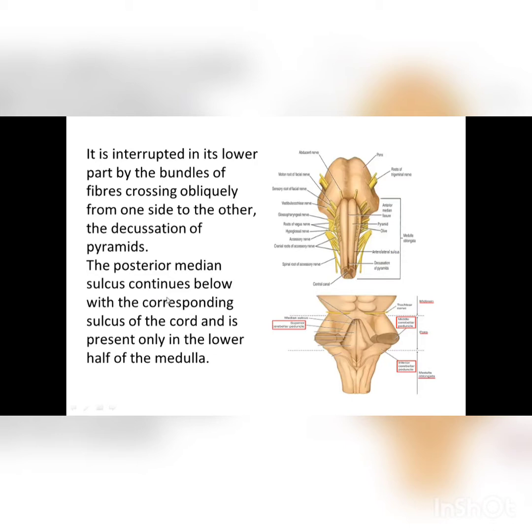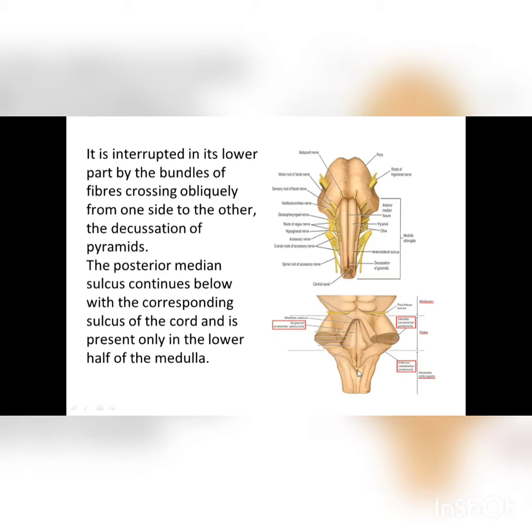The posterior median sulcus continues below with the corresponding sulcus of the spinal cord, and it is present only in the lower half of the medulla oblongata.